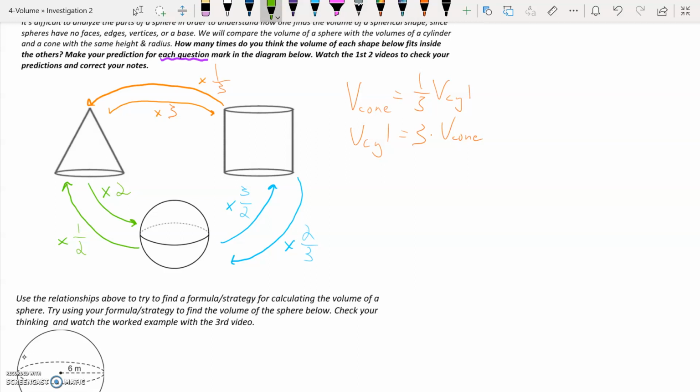You could also say the volume of a sphere is equal to 2 cone volumes. Or you could say the volume of a cone is 1/2 the volume of a sphere.